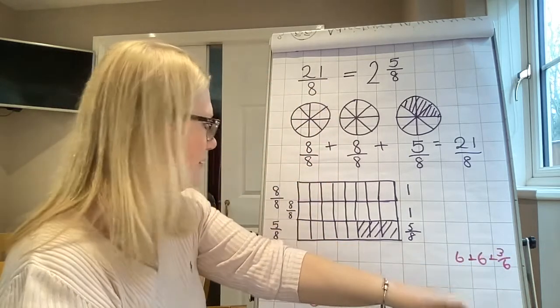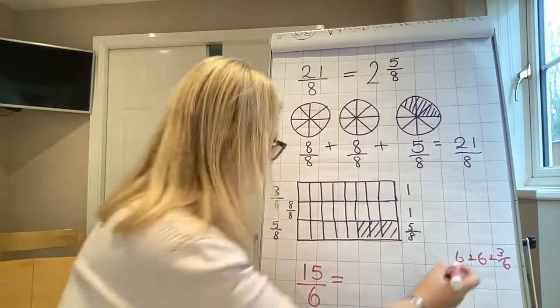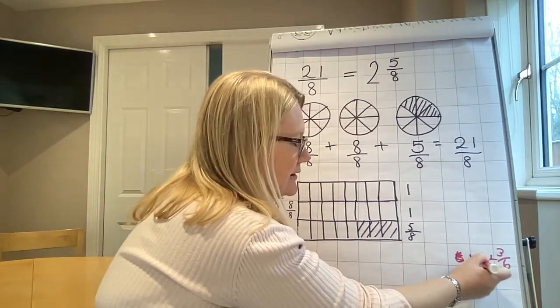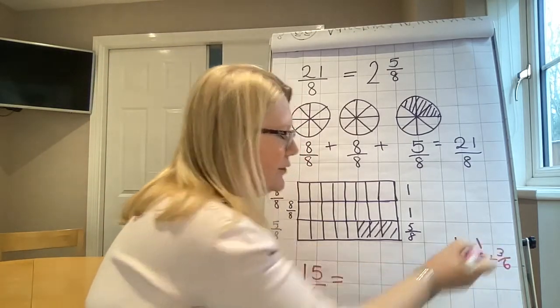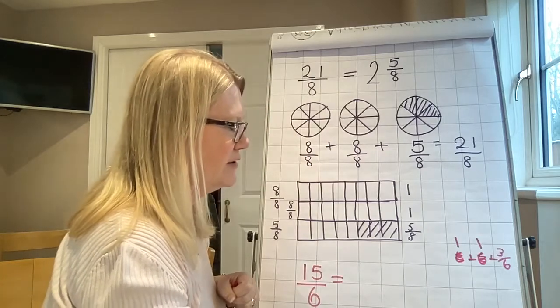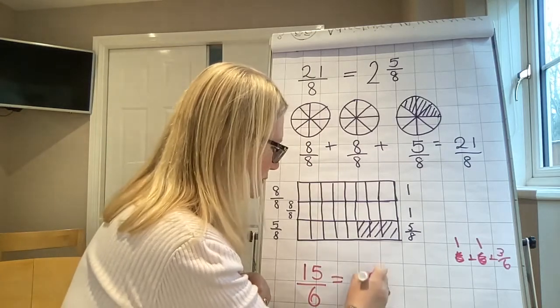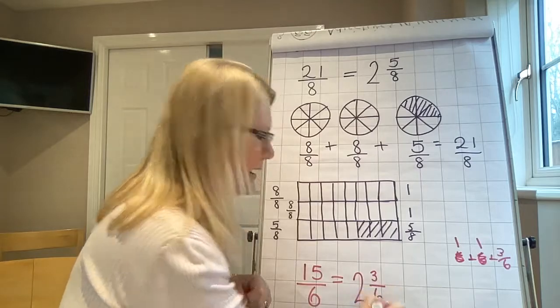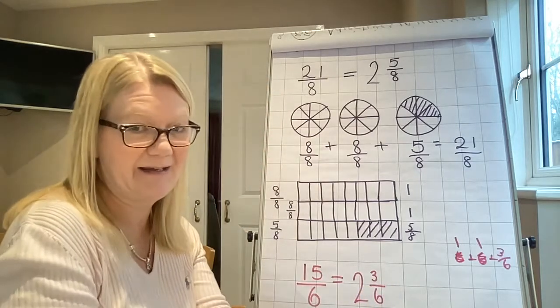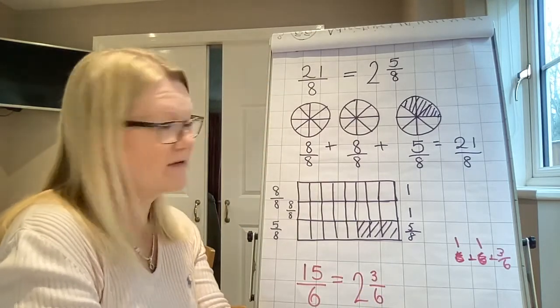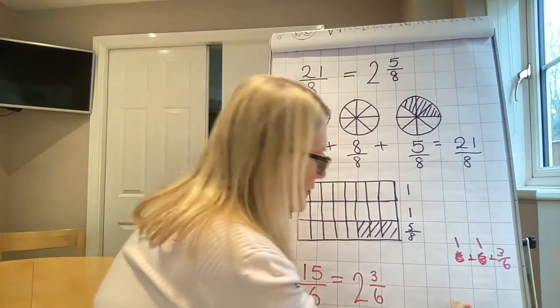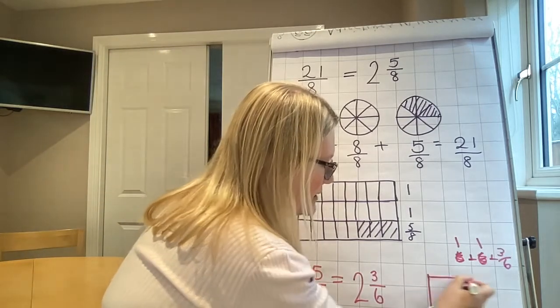So I've written 6 there. I want 1 whole and 1 whole, okay? So I've got 2 and 3 sixths. Now, if I was to very quickly do you a bar model, I can do it the same.